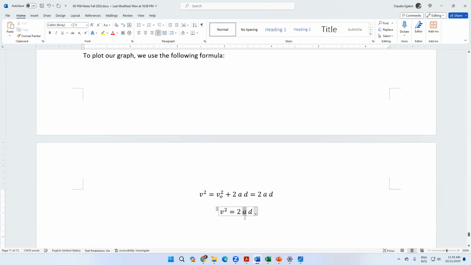The acceleration should be the same because it's just a single inclination. But the V square and the D should be different, okay? Plot V square along the y-axis and D along the x-axis. The slope should be equal to 2A.